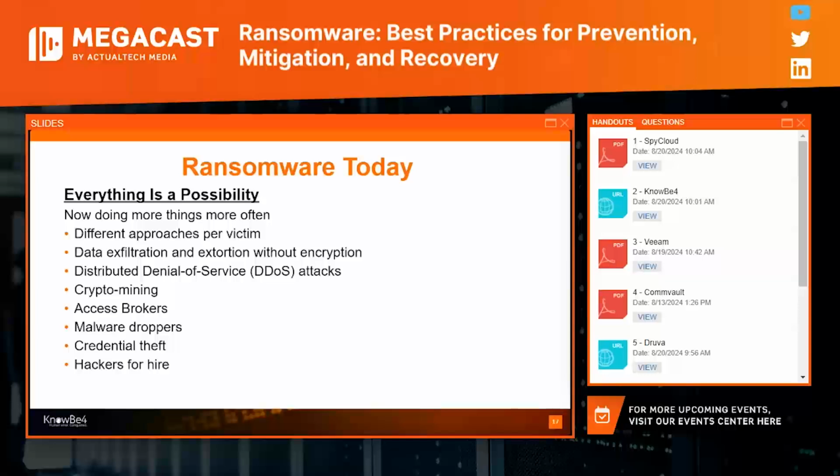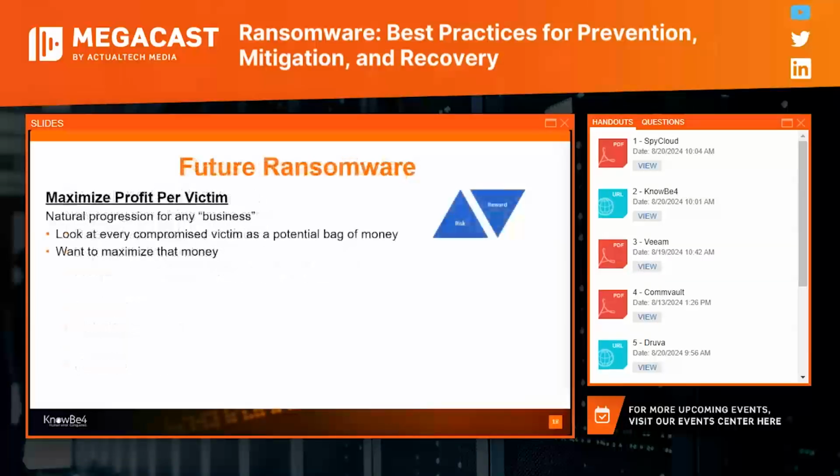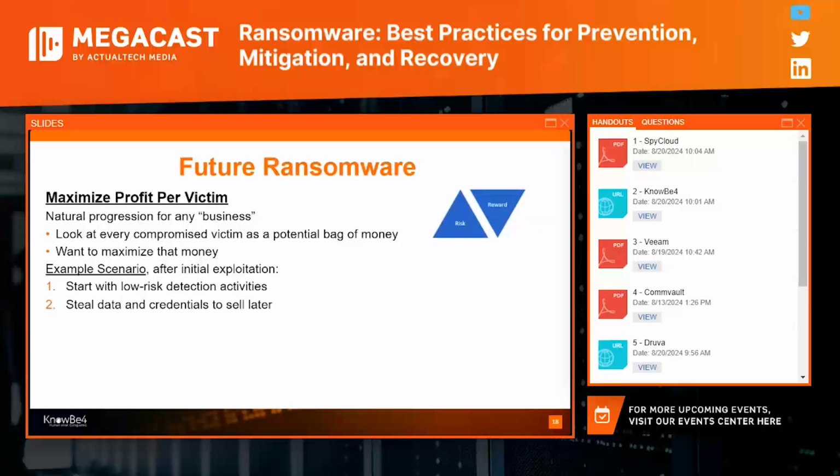And they're taking different approaches per victim, trying to figure out how they can maximize the money they can get from a victim. Many times they'll break in and do low-risk detection activities. They'll enumerate the environment. They'll eavesdrop on email. They will definitely be stealing your data and your credentials to sell or use at a later date.